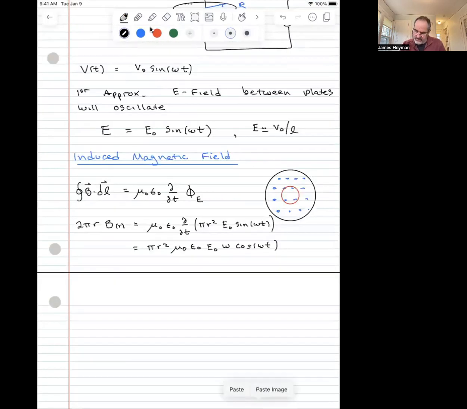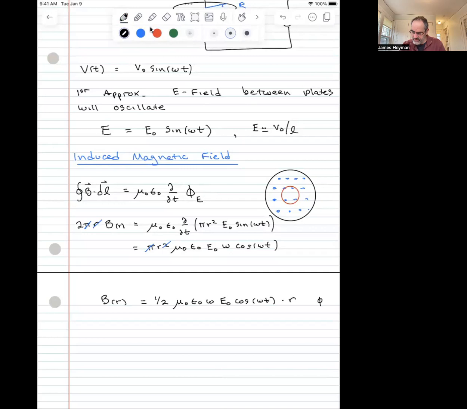And finally, solving for B here, we have B as a function of r is equal to the right-hand side of the equation divided by 2 pi r. The pi's cancel, one of the factors of r cancels, and we're left with 1/2 times mu naught epsilon naught omega E naught cosine of omega t times r.